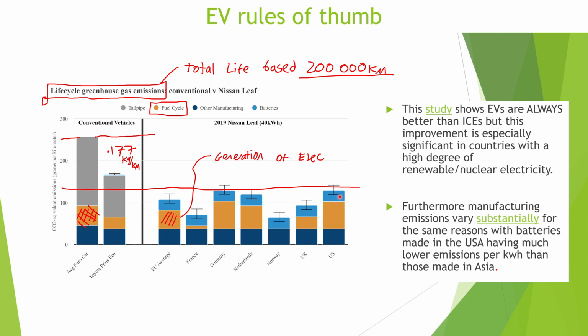But if you buy a vehicle with batteries made in country A versus batteries made in country B, this amount will vary a lot. Batteries require a lot of energy in order to make them, and a lot of that energy is in the form of electricity. So if you make your battery in a country with a very dirty grid, then the emissions inherent in making that battery are going to be much, much larger than if, for example, you made them in Norway or France.